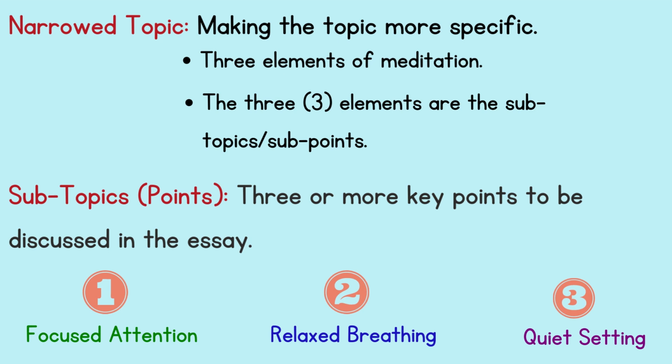So the subtopics slash points, that's just three or more points that should be discussed in the essay. And as you see below here, I've broken down meditation into 3 points that would be discussed in the essay about meditation, right? So focused attention, relaxed breathing, and quiet setting, these are all elements of meditation.